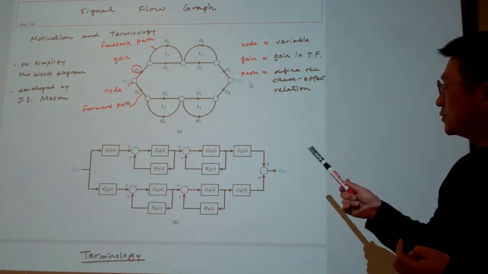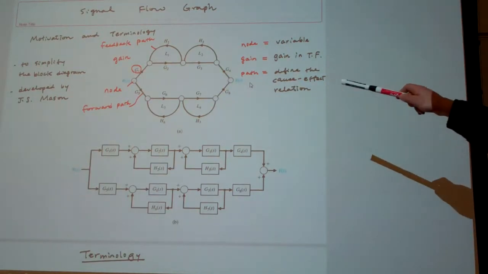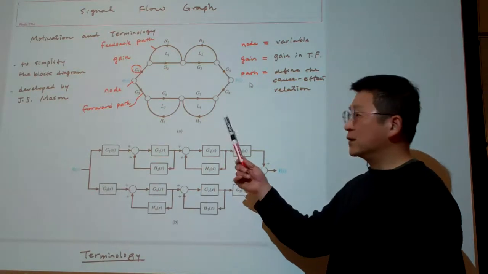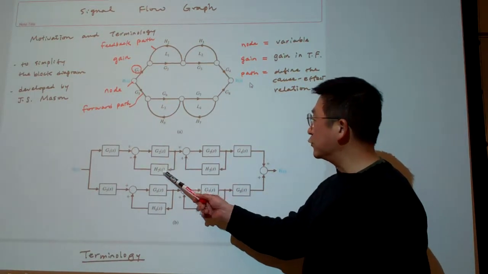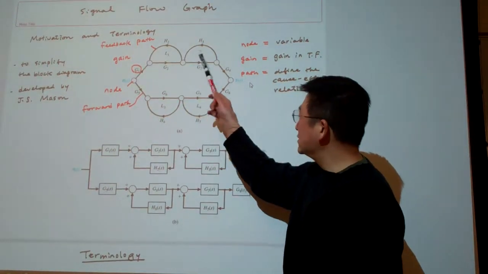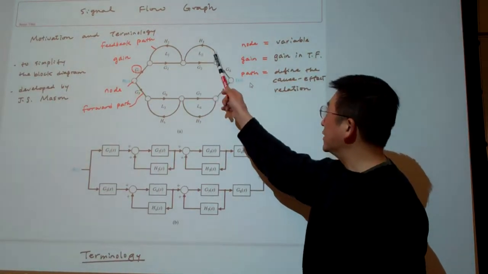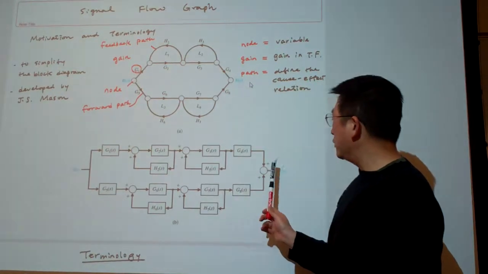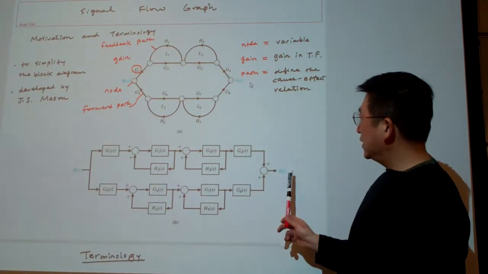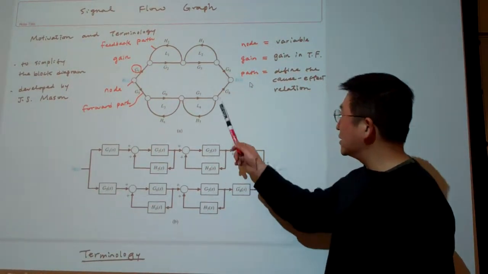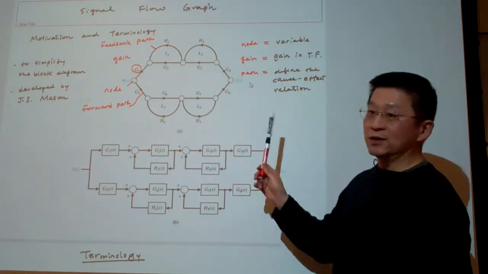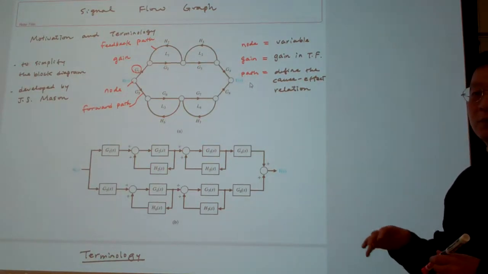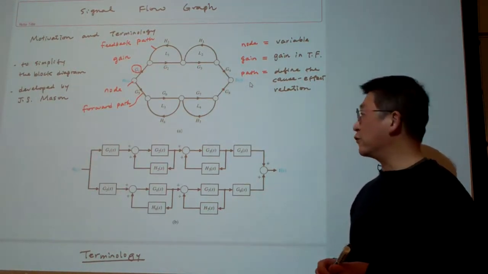If you look at this graph, the configuration is pretty much the same. For example, this loop is provided by this, this loop is provided by this, the input is represented by this node, the output by this node, and the lower branches are represented by this. So graphically they are pretty much identical, just converted into a different format.